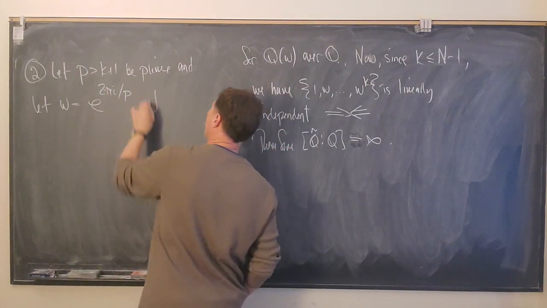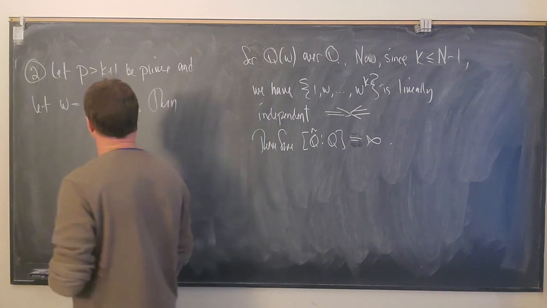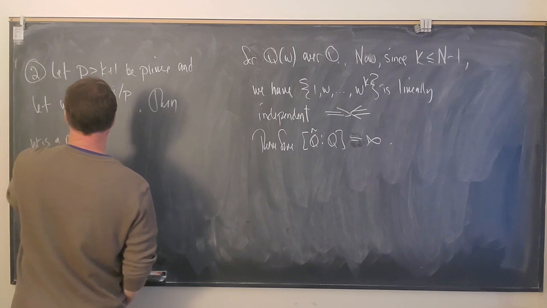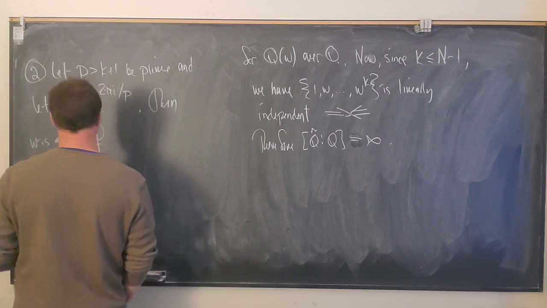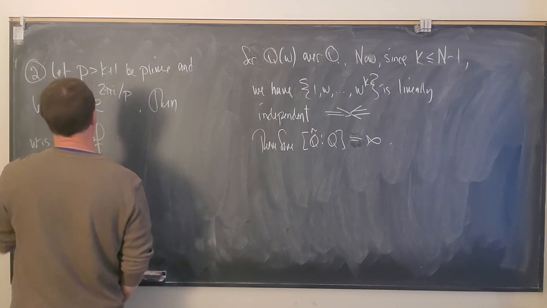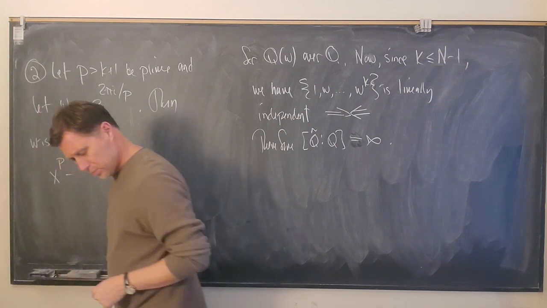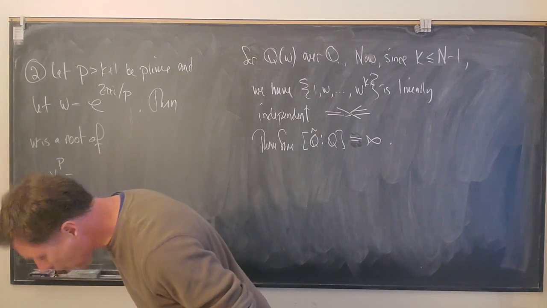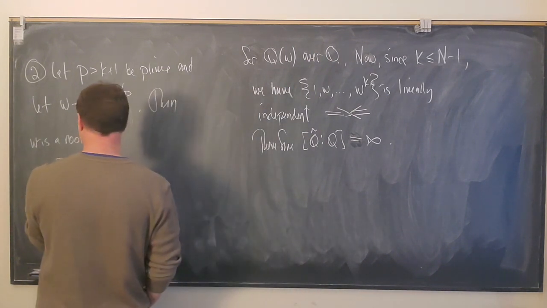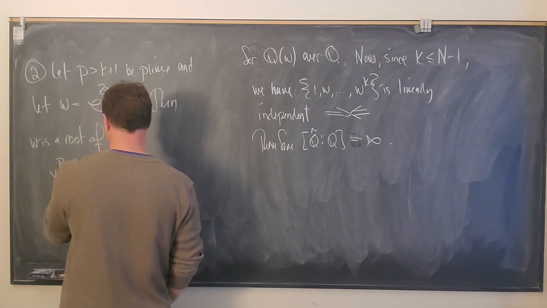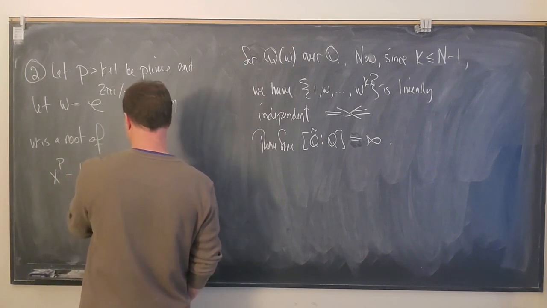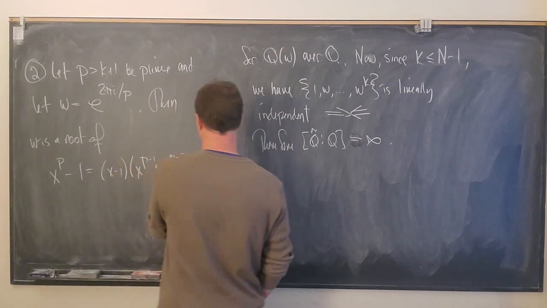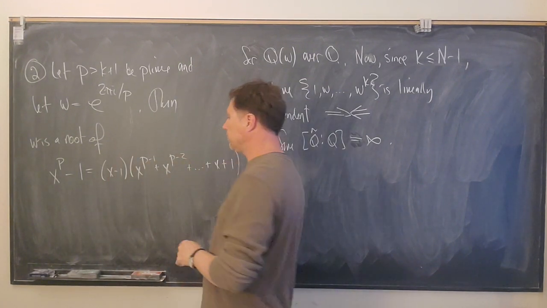So then w is a root of the polynomial x to the p minus 1, which factors as x minus 1 times x to the p minus 1 plus x to the p minus 2 plus dot dot dot down to x plus 1.